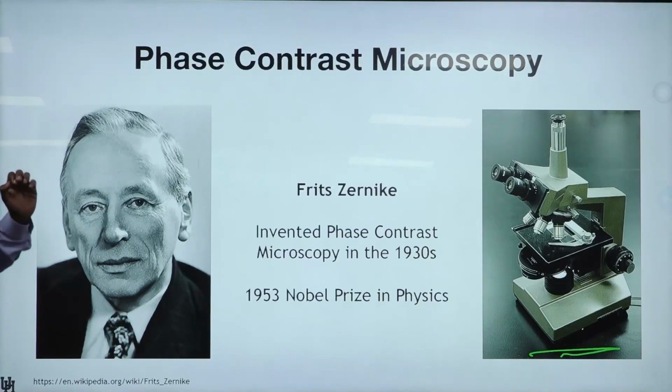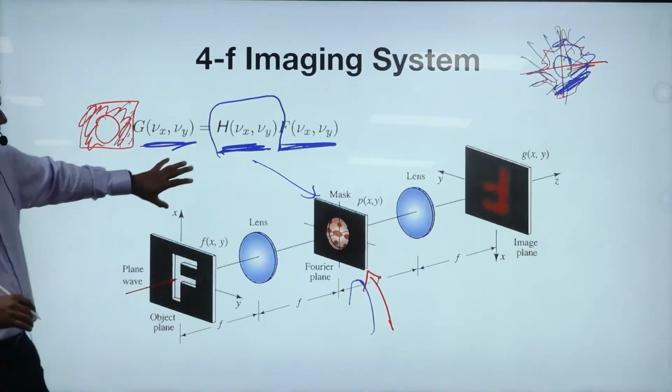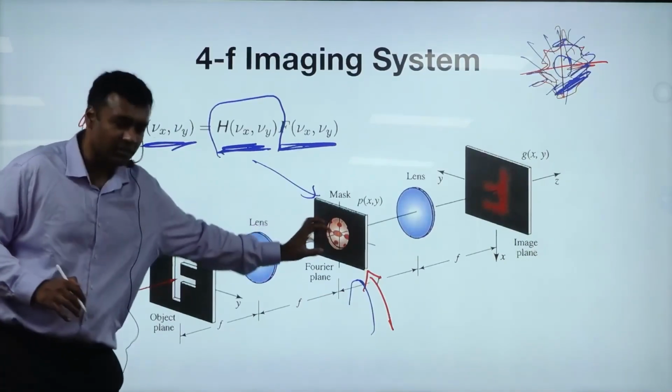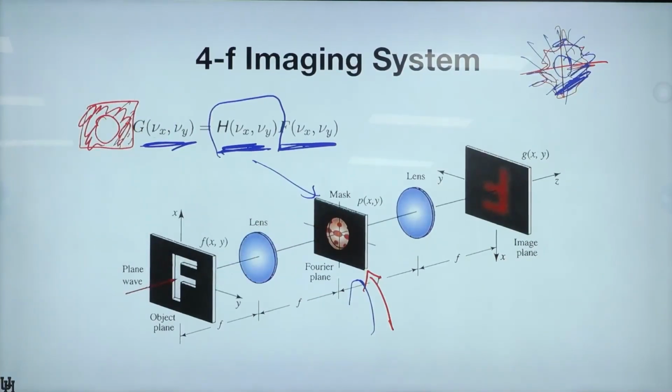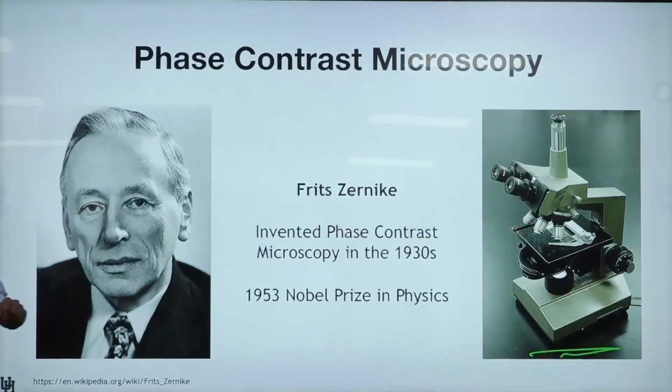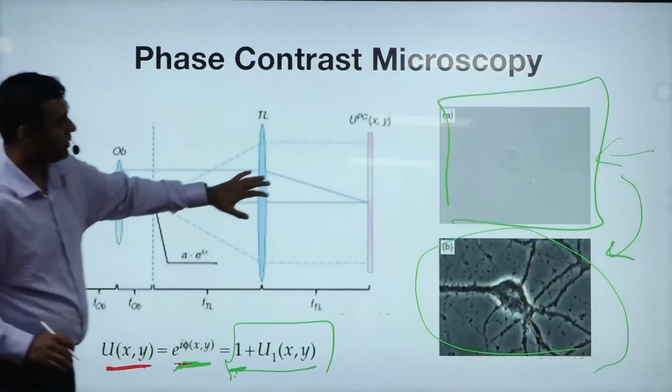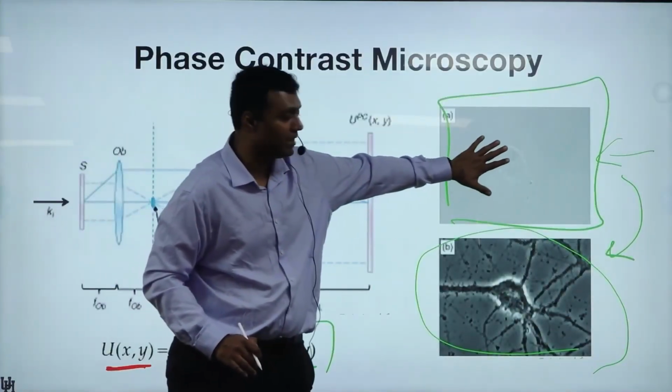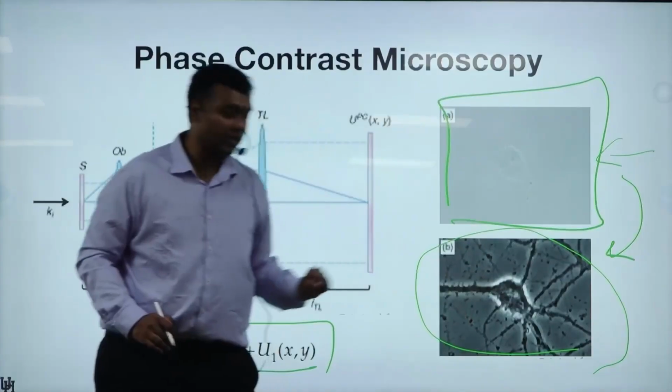What I'm trying to tell you is that the physics principles we learned in terms of Fourier imaging systems, if you are clever and can use them for something, you can build an instrument which takes an image that was previously like this and makes it look like this.